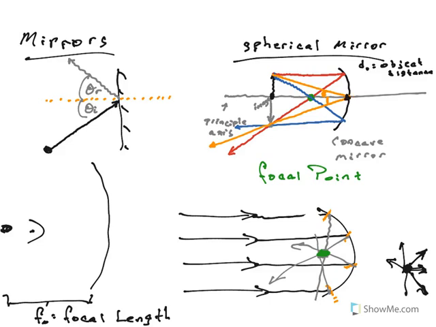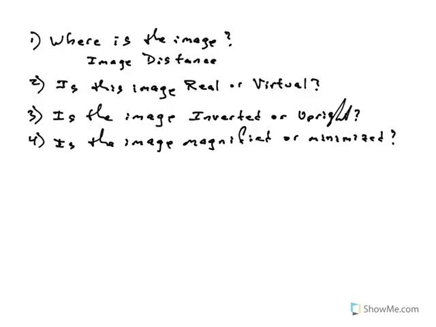The distance from the mirror to the object, that's 25 centimeters. The distance from the mirror to the image, of course, that's DI, or the image distance. So where will the image be formed? That's called the image distance. So looking at this, I would get out my ruler, I'd measure from the mirror to the gray arrow some number, that's called the image distance, so I know the image distance.